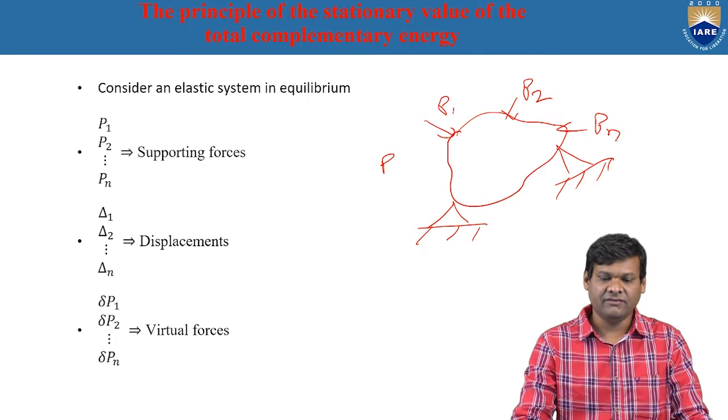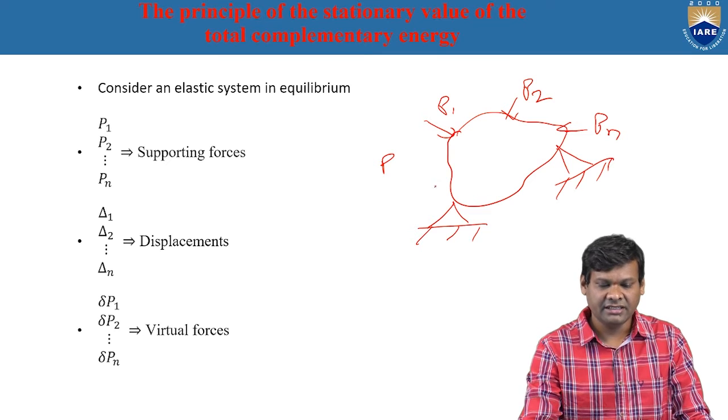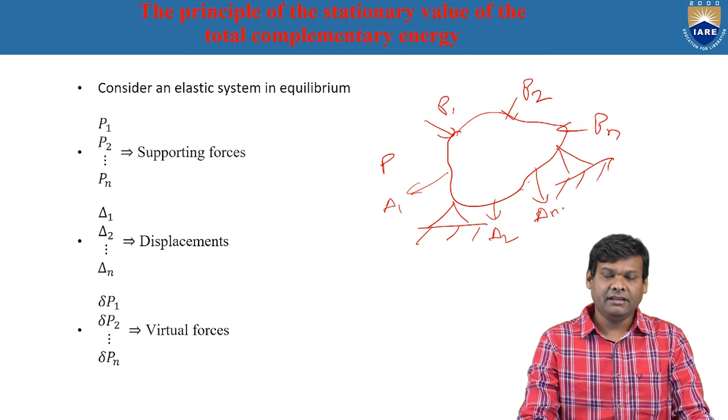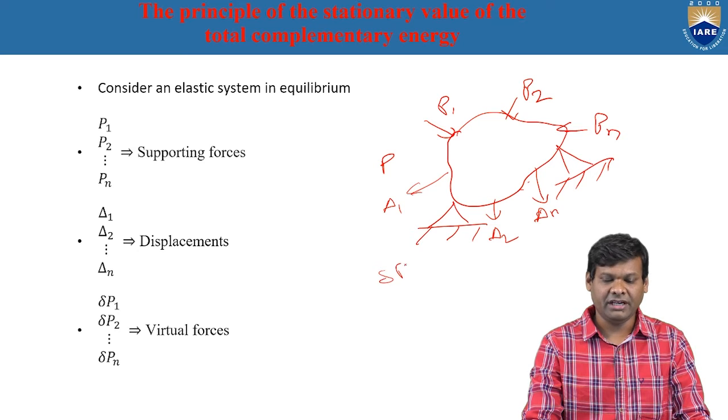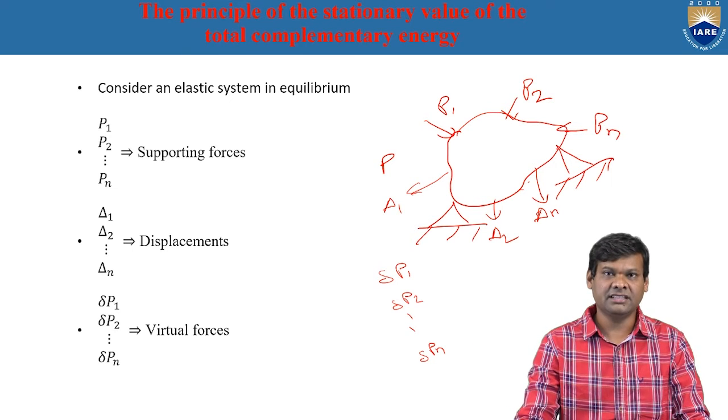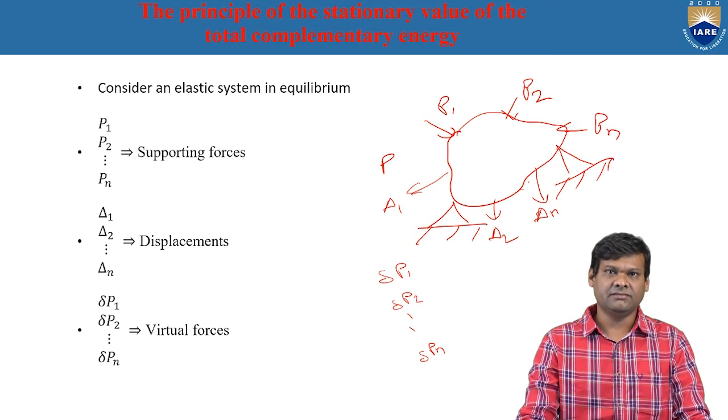As a result of this, we obtain the deflections delta 1, delta 2 and so on, delta n. And if we apply virtual forces delta P1, delta P2, and so on, delta Pn, let us see what happens for an elastic system. This is the case for a linear elastic system, only valid for a linear elastic system.